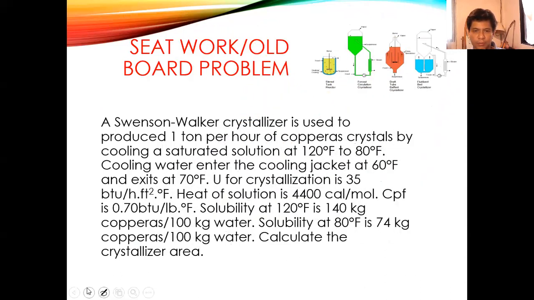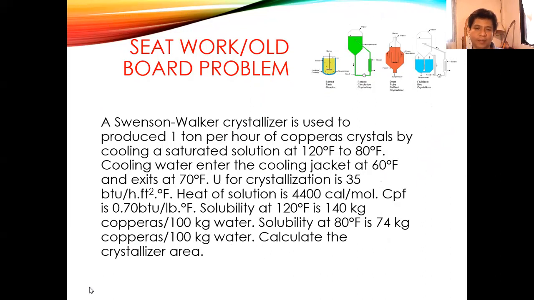This is from the MRII reviewer. A Swenson Walker crystallizer is used to produce 1 ton per hour of copperas, the ferrous sulfate heptahydrate crystals, by cooling a saturated solution at 120 degrees Fahrenheit to 80 degrees Fahrenheit. Tingnan niyo na lang sa PowerPoint.